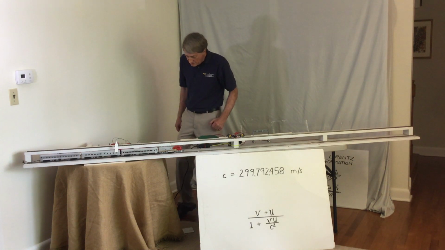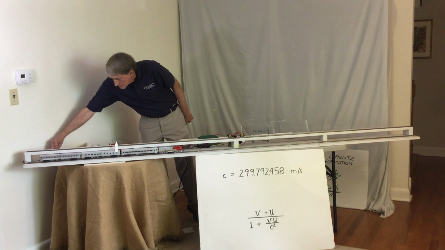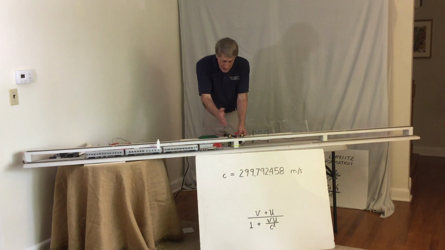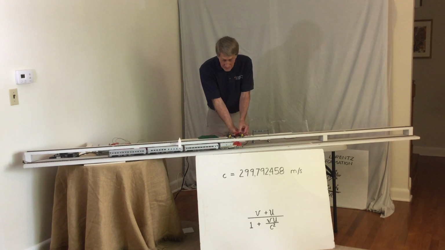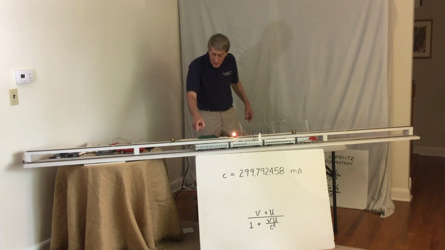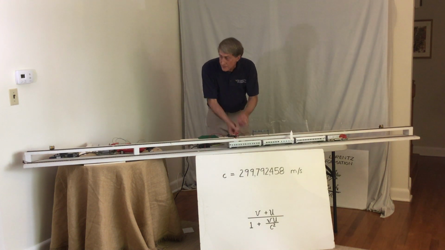So what we'll do right here is put the train in motion, and then as the center of the train hits where the light is, right about now, there's the light expanding out. Light hits the back of the train, then hits the front of the train.